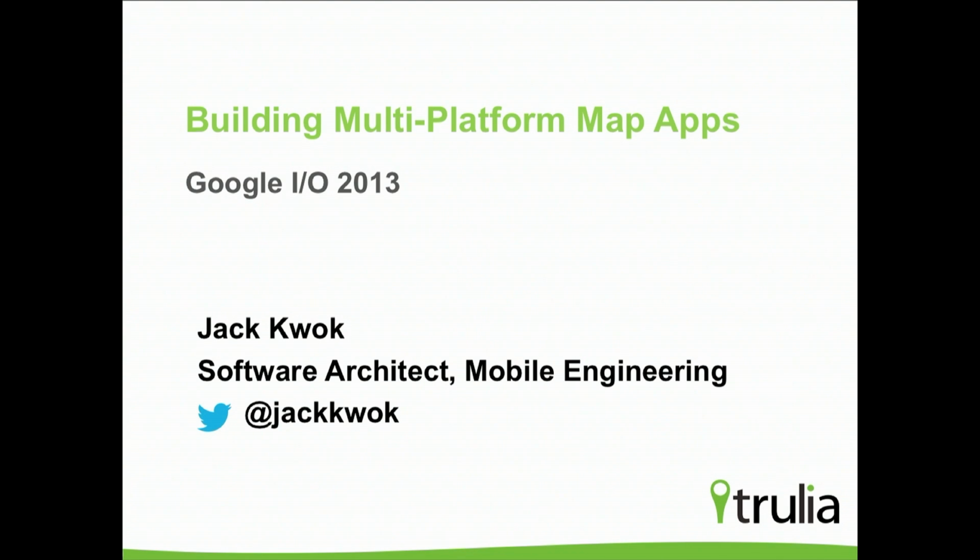Good afternoon, everyone. My name is Kwok. I'm the mobile architect at Trulia. At Trulia, we have built over a dozen native mobile applications along with our website to make it really easy for consumers to find the perfect home. Buying a house is a huge decision, and we have built some really great map-enhanced features to help.